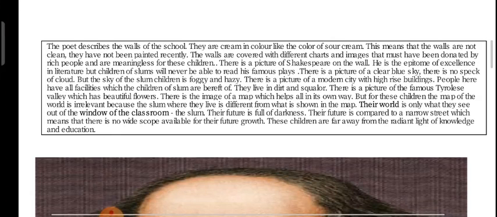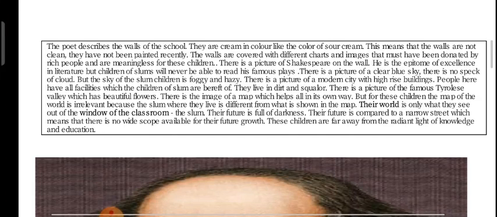But for these children, the map of the world is irrelevant, because the slum where they live is different from what is shown in the map. Their world is only what they see out of the window of the classroom.